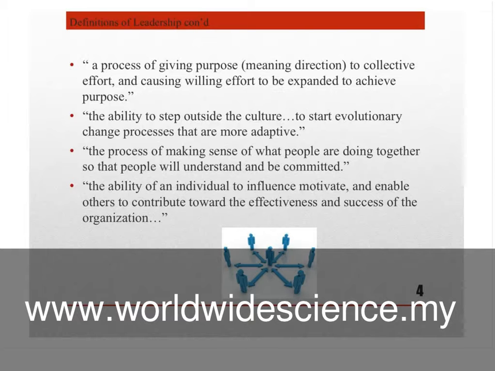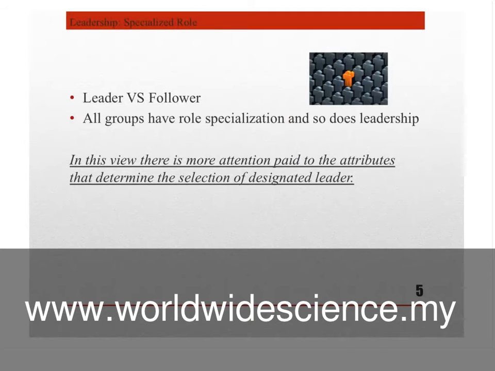Then we come to this term, leader versus follower. Every leader needs a follower, and every follower needs a leader. What's the difference? The leader is the person with the primary responsibility to perform the specialized leadership role that is designated as a leader.